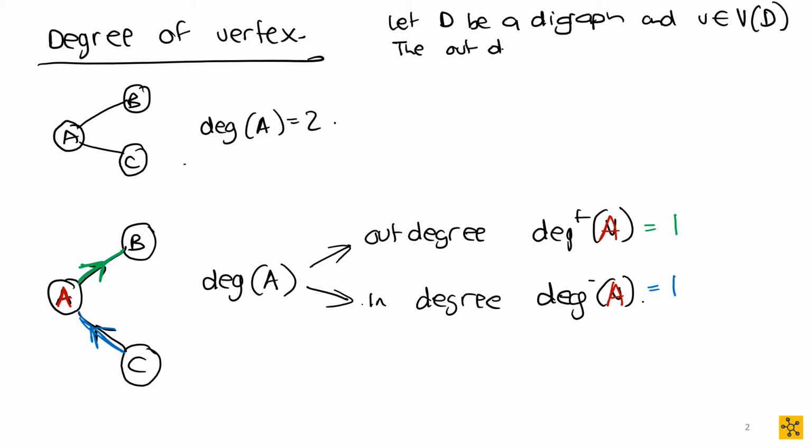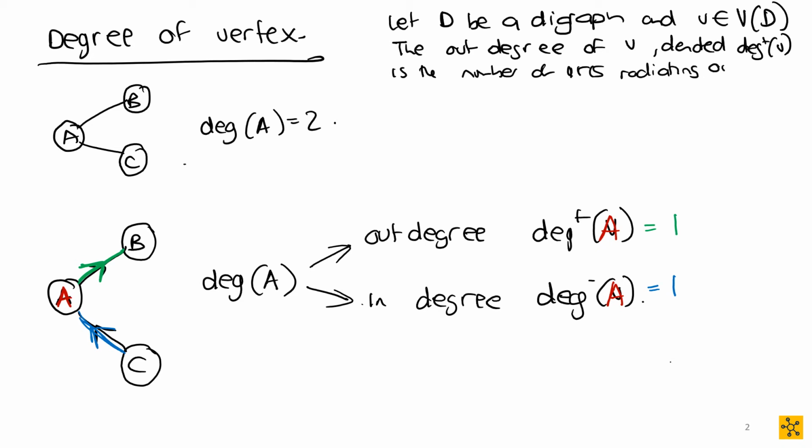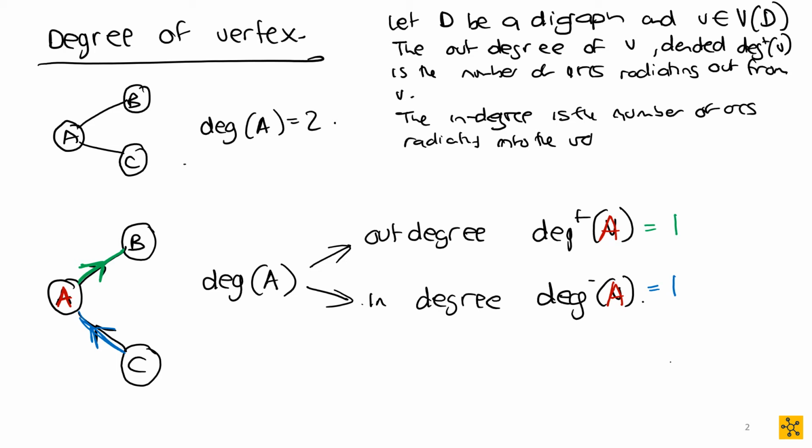The out degree of V, denoted degree positive V, is the number of arcs radiating out from V, and the in degree is the number of arcs radiating into the vertex V. So let's do another example.